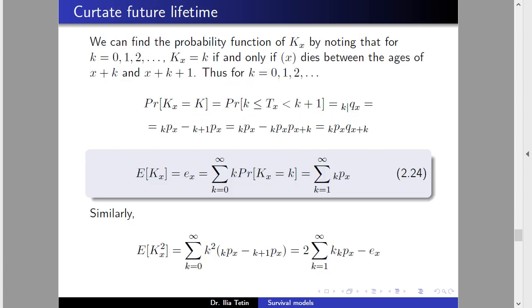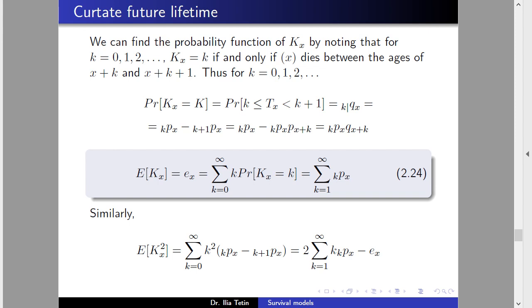Our final section for today is Curtate future lifetime, Kx and ex. In many insurance applications, we are interested not only in the future lifetime of an individual, but also in what is known as the individual's Curtate future lifetime.